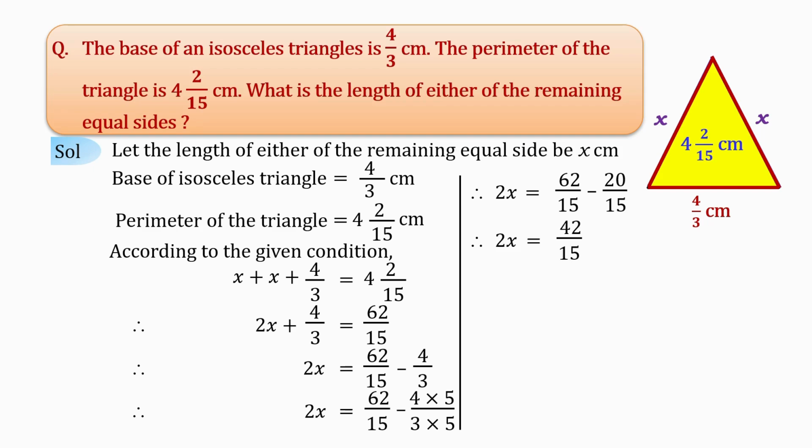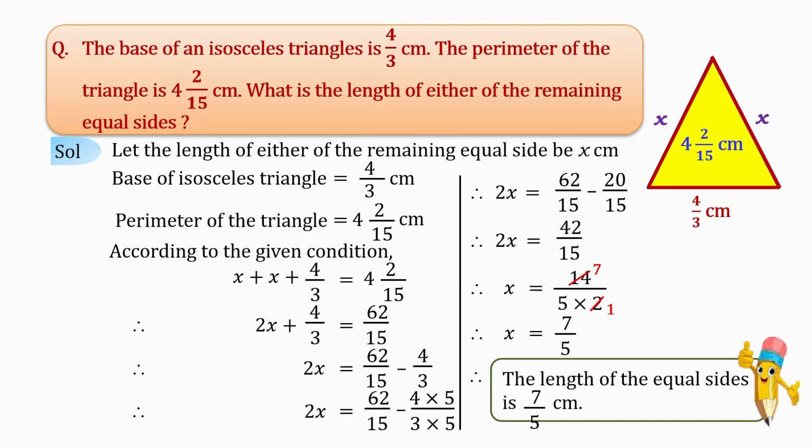Now we will subtract the numerator. Now we will shift this 2 to the other side. So x equal to 7 by 5. So that is the length of the equal side. So the length of the equal side, final answer you need to write. The length of the equal side is 7 by 5 centimeter.